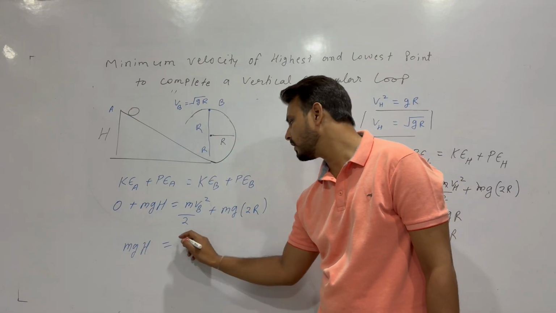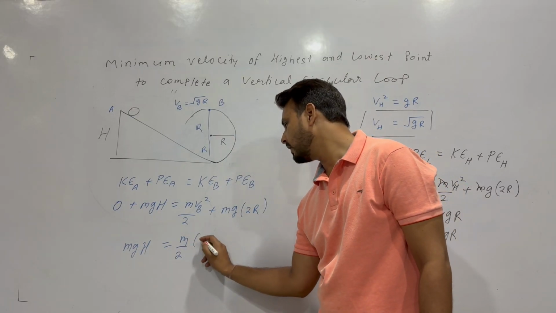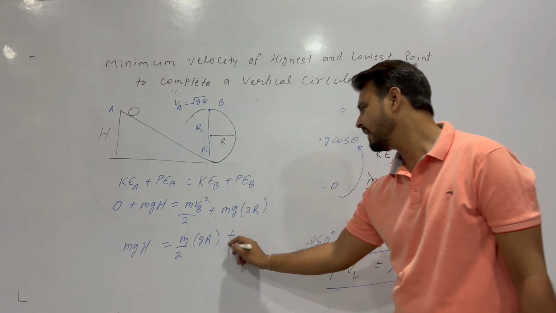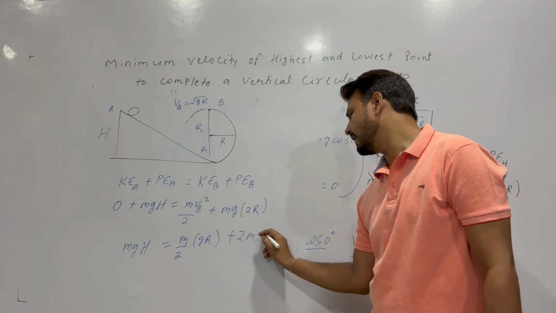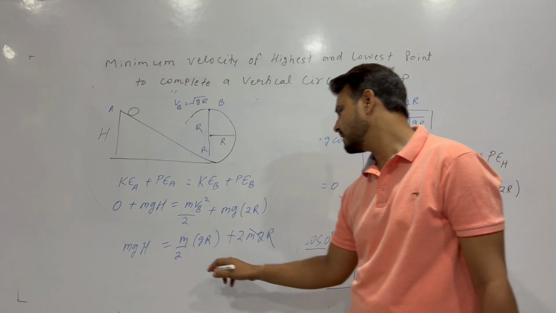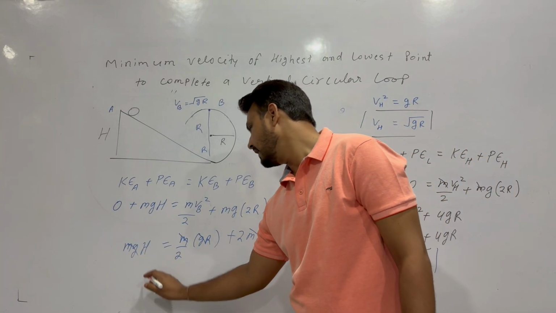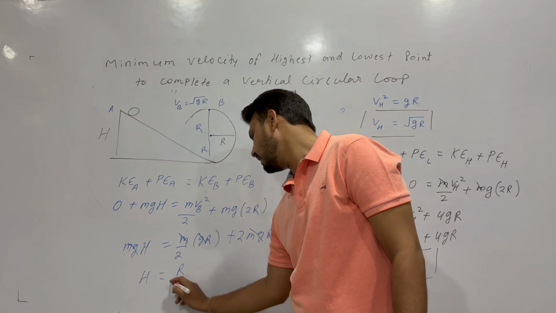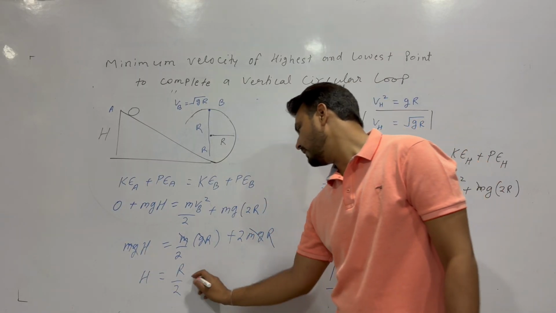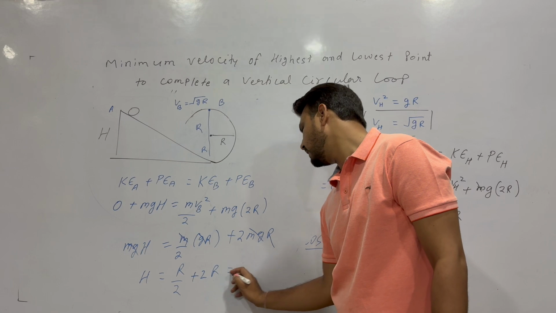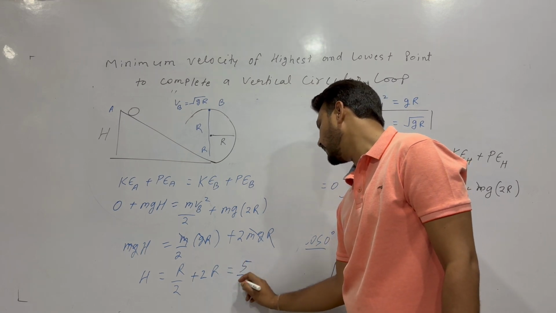What will be v square from here? It will be equal to gr, and here it is 2mgr. So mg cancelled from both sides, h will be equal to r by 2 plus 2r. So it will be equal to 5 by 2 r.